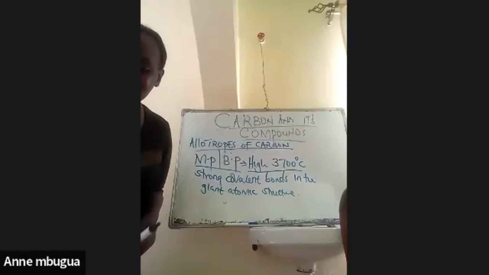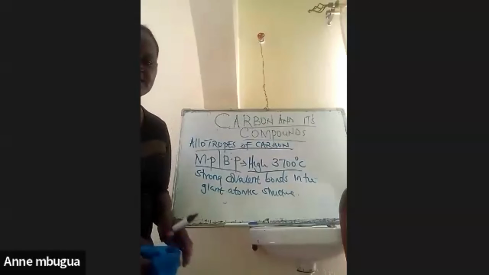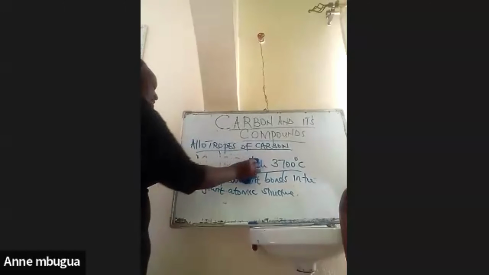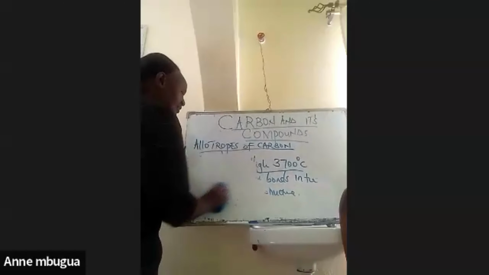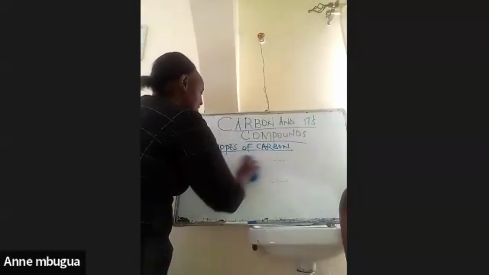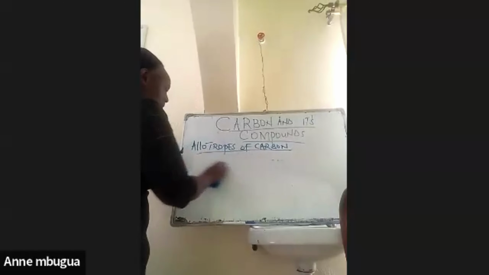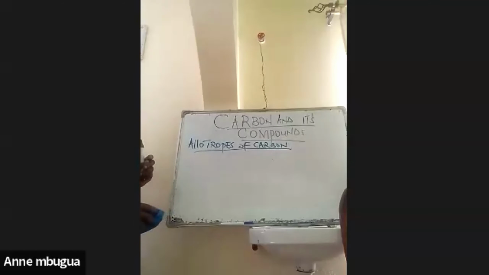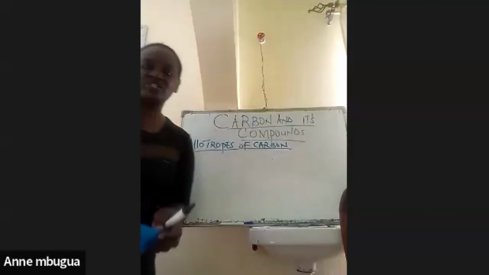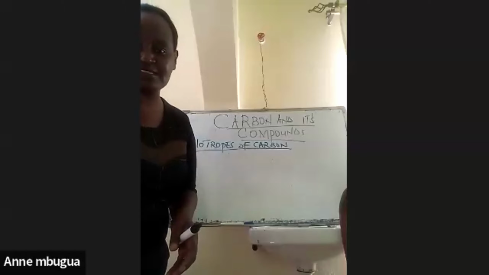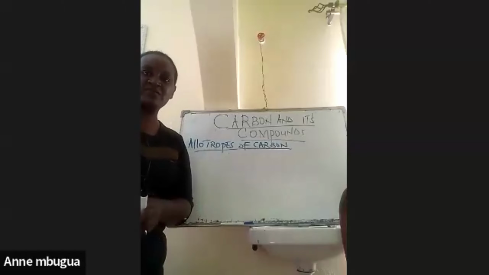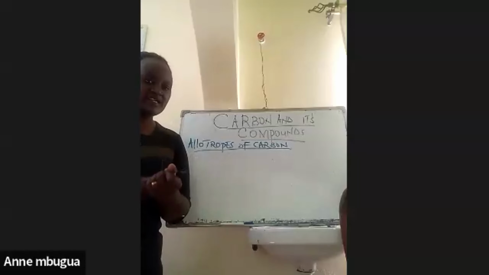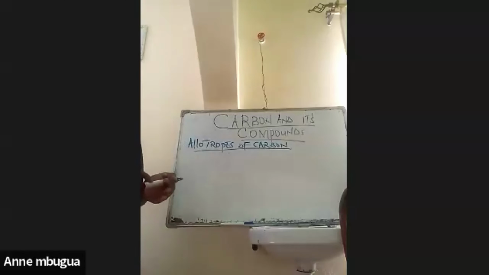The other property of diamond that I'm going to discuss is its hardness. This is the kind of question you find in most papers concerning the properties of diamond: that diamond is the hardest naturally occurring substance, explained in terms of structure and bonding.